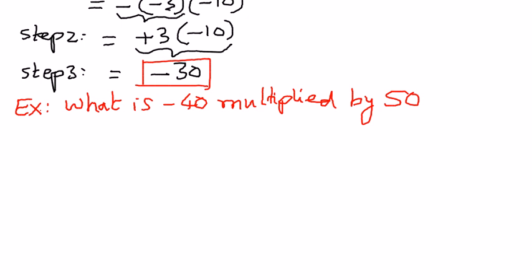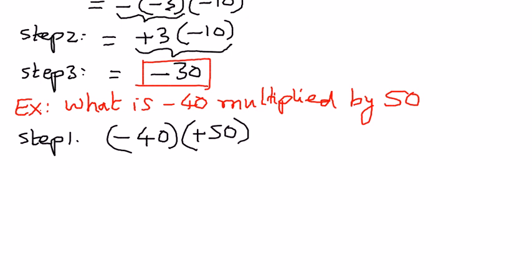So here what we want to do is convert this word problem into an equation. We have negative 40, a number negative 40, we'll put that in parentheses, and we want to multiply that by a number 50, which means positive 50.